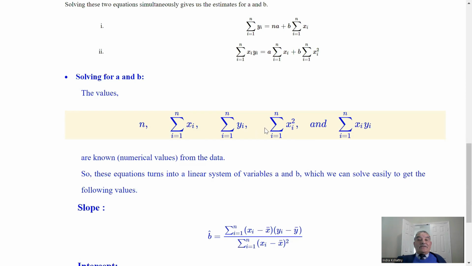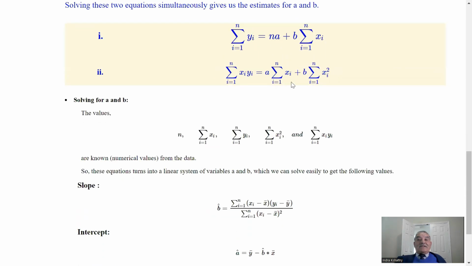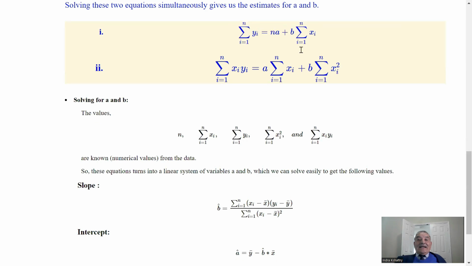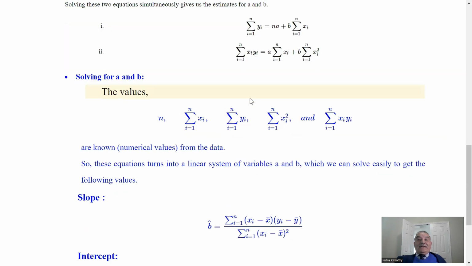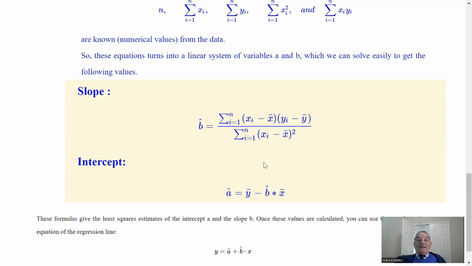When we substitute these values in these normal equations, this turns into a simple linear equation in A and B that we can solve easily to get these values. The value of the slope B is this, and the value of the intercept is this.